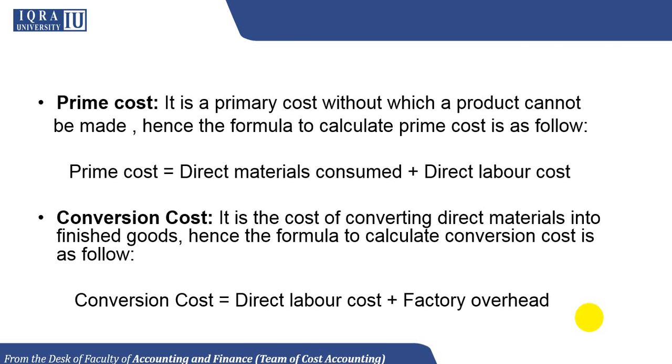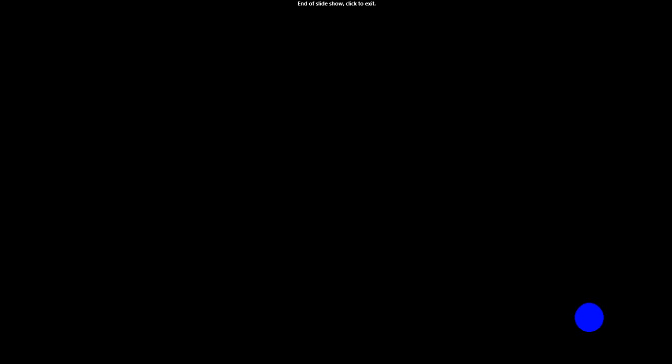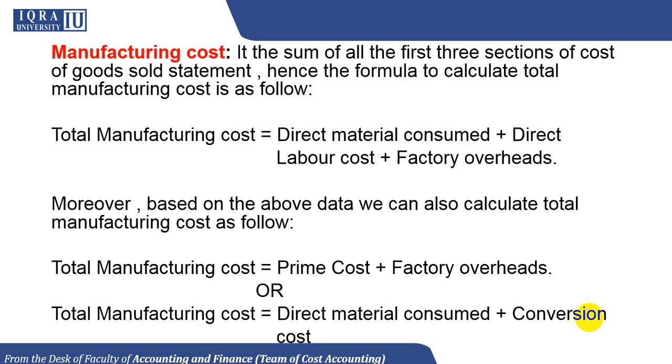Right? Okay, next is TMC, total manufacturing cost. I have already told you, the manufacturing cost or the total manufacturing cost is the same. It's the sum of all the first three sections of the cost of goods sold statement. And the formula to calculate total manufacturing cost is as follows: TMC is equal to direct material consumed plus direct labor cost plus factory overhead.